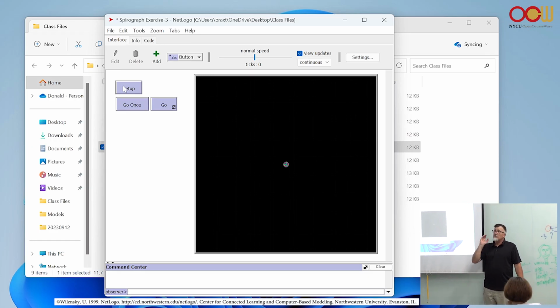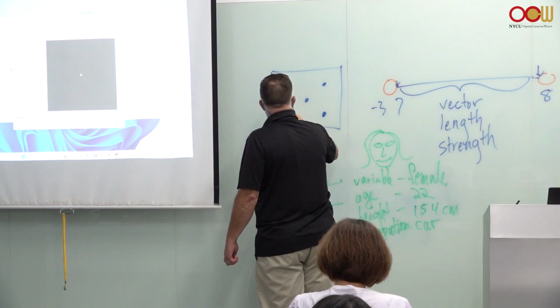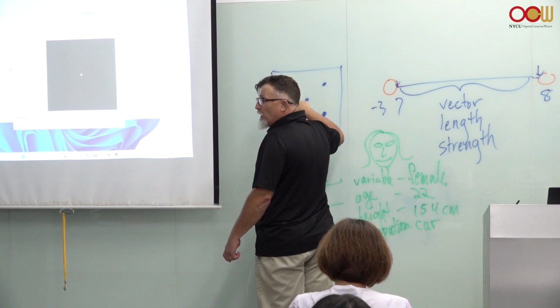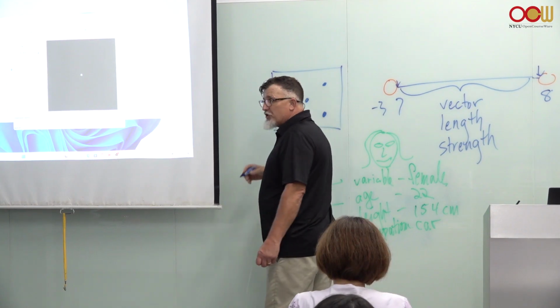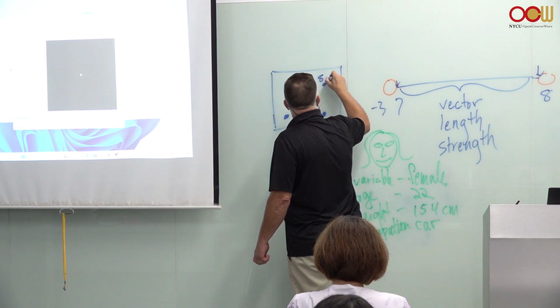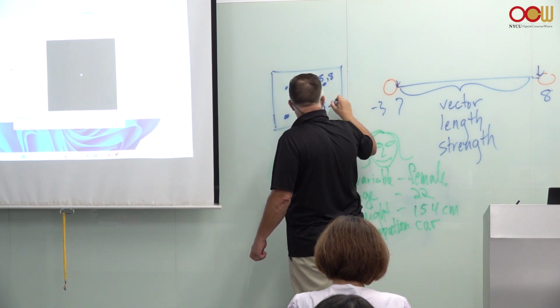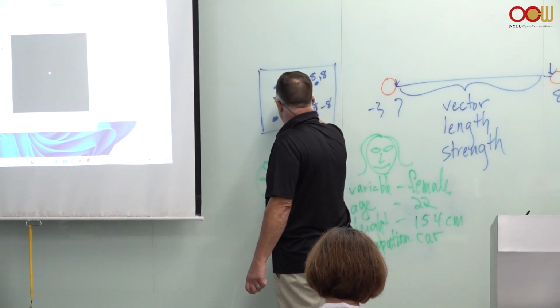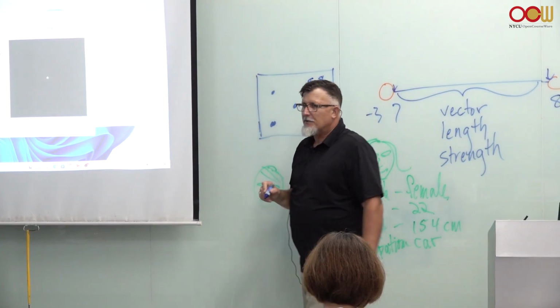Now, I want to move 25 of those turtles to each one of these locations. And those are some permutation of 8: 8, 8; 8, negative 8; negative, negative; negative, positive.